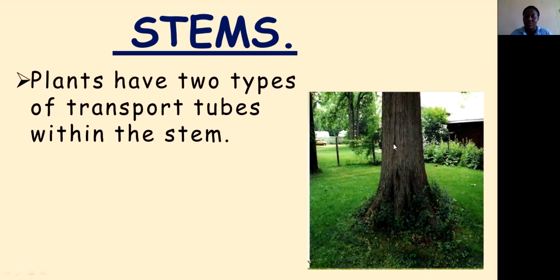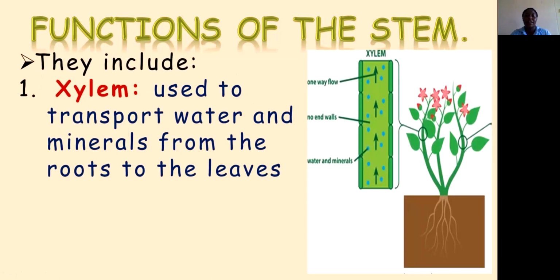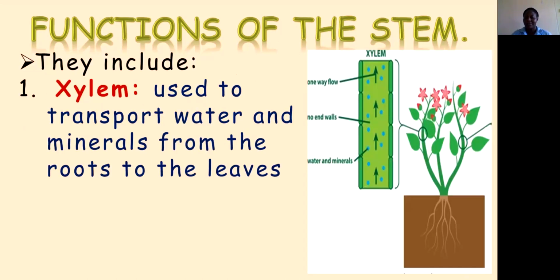One is called the xylem. Plants need water from the soil, and that water is absorbed by the roots. And we have a tube inside the stem that is used to transport water to all parts of a plant. That tube is called xylem.